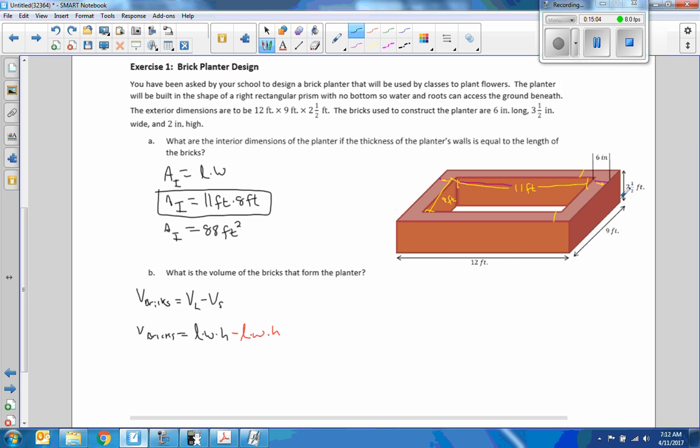So 12 by 9 by 2.5. So the volume of the bricks equals 12 feet times 9 feet times 2 1/2 feet. We're going to subtract length times width times height of the interior, which is 8 feet times 11 feet times 2 1/2 feet.